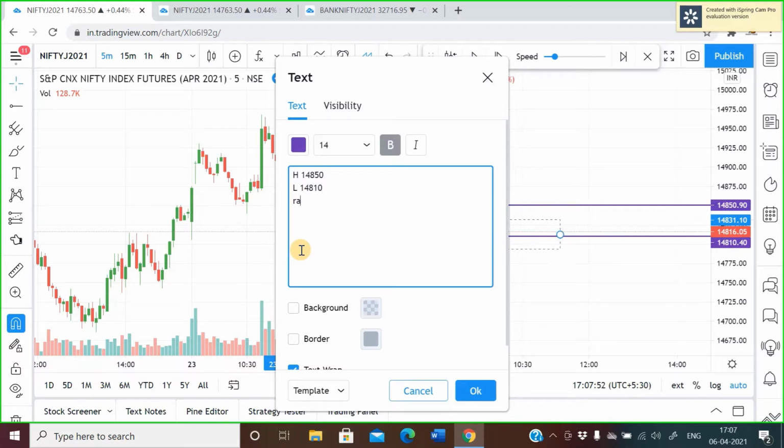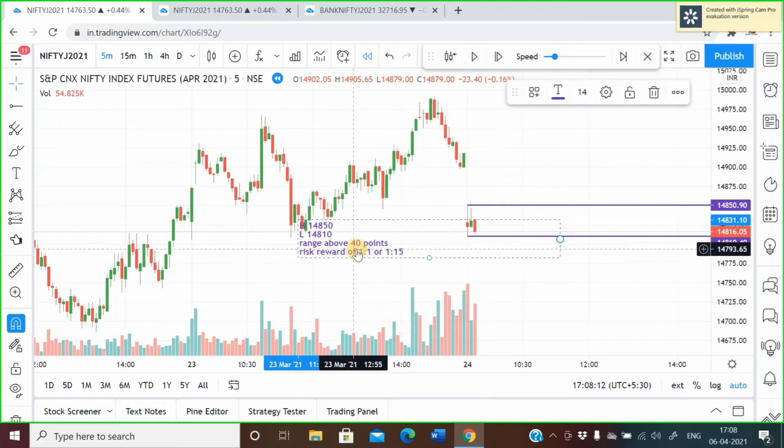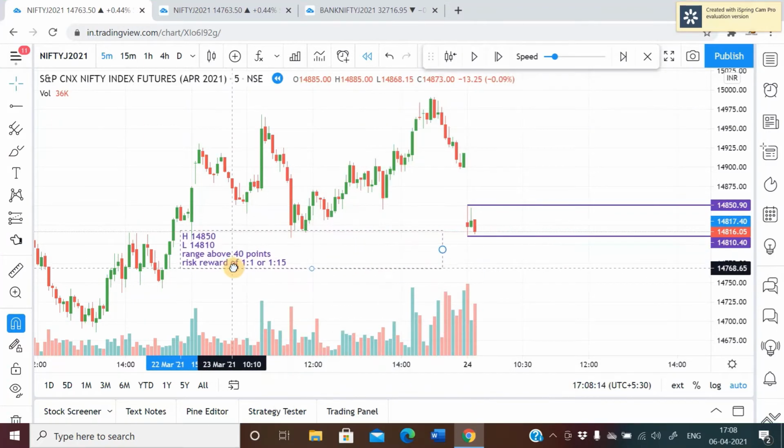So a range of about 40 points, right? And we will be looking for a risk reward of 1 is to 1, or maybe 1 is to 1.5, as per the risk appetite. So now this is clear. I've just put it here so that we all know what to do now.